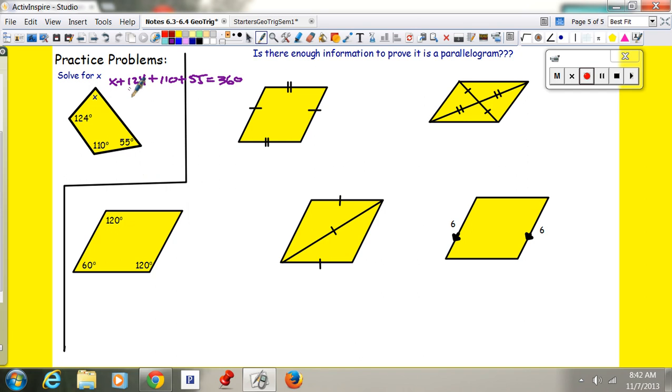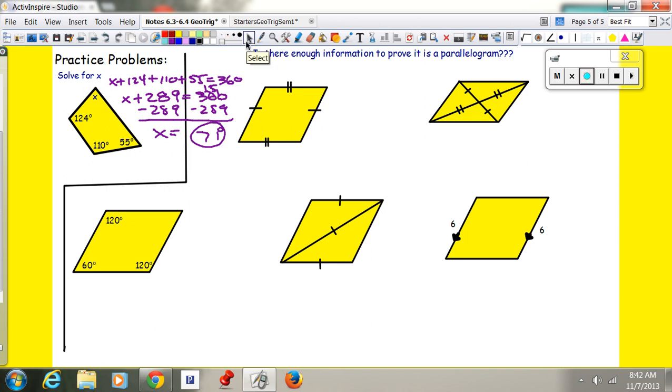So let's see what we get. 124 and 110 would be 234, 289, I think. Check my math and make sure I got that. Yep. Is that 289? Okay, then subtract 289 on both sides. So x equals 360 minus 289. 71 degrees. So x would be 71 degrees. That was just a little practice problem from before.